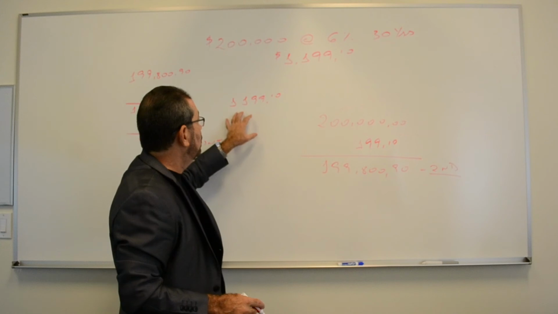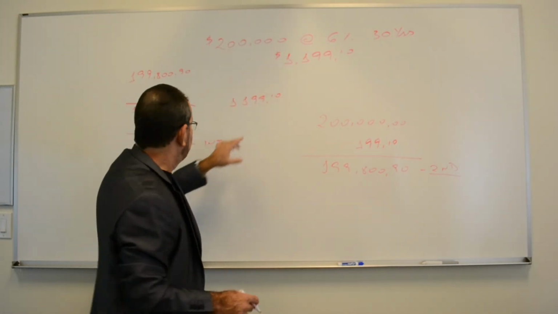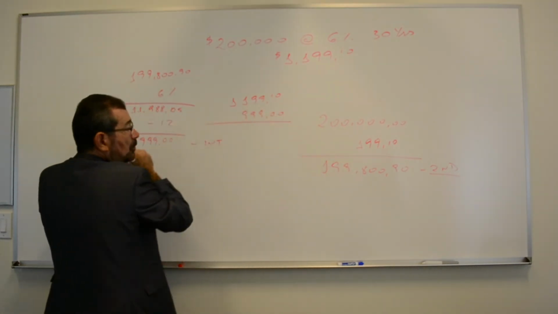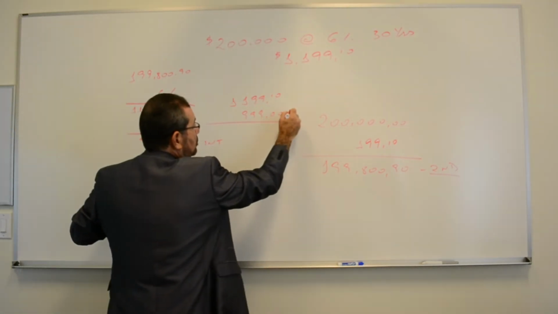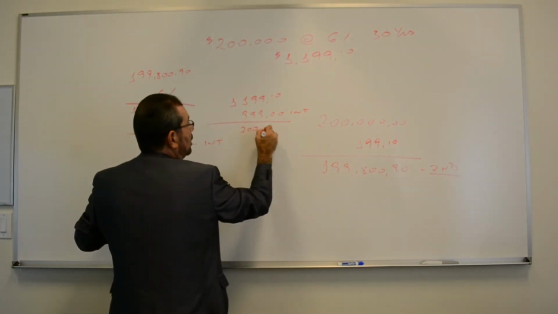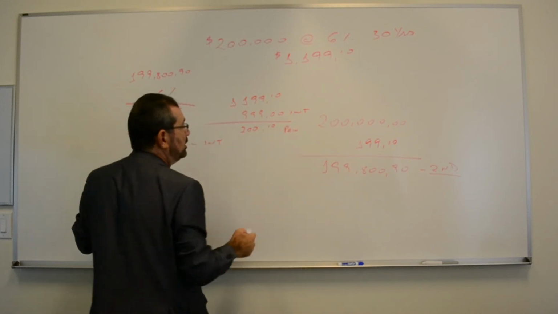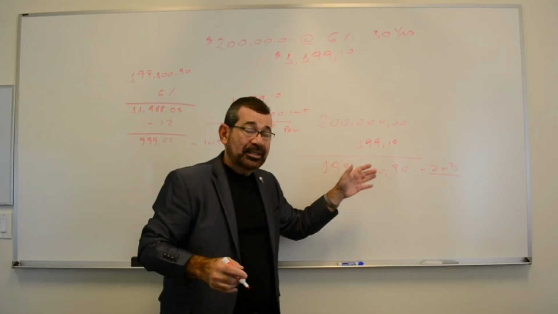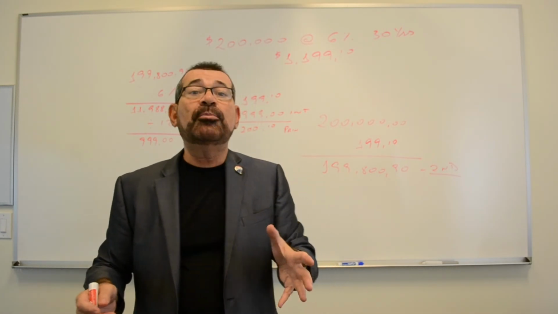So on my second month, when I write the check to the lender to make the payment, $999 goes to interest, and $200.10 is my principal. This is going to amortize my loan. So you see, it went up $1. Not much. That's why the loan takes 30 years to amortize.